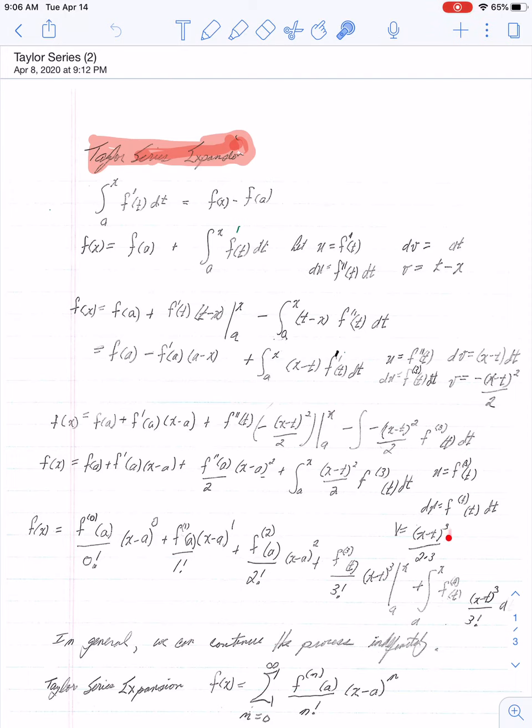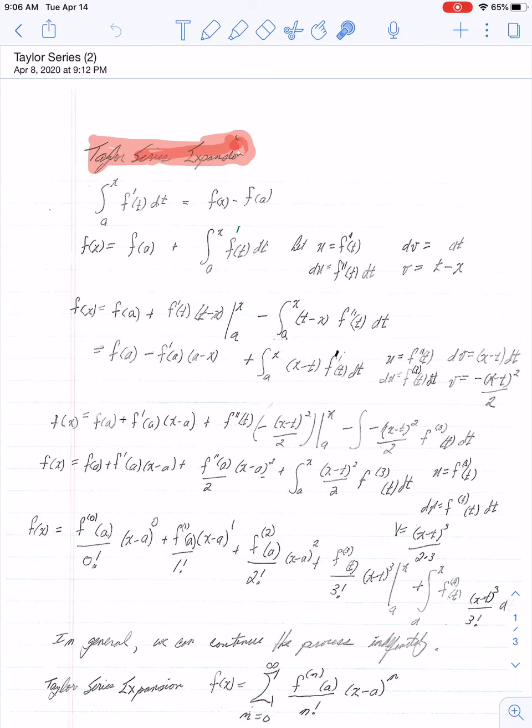And when I integrate that, I'm going to get (x minus t) cubed over, it kicks out a 3 downstairs. All right, you get the idea? So I just continue to do that.